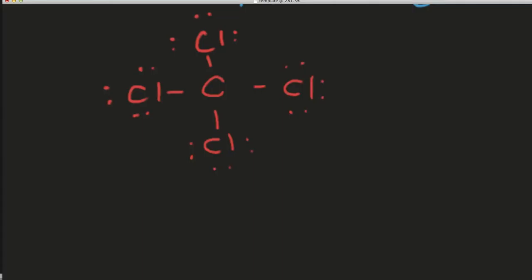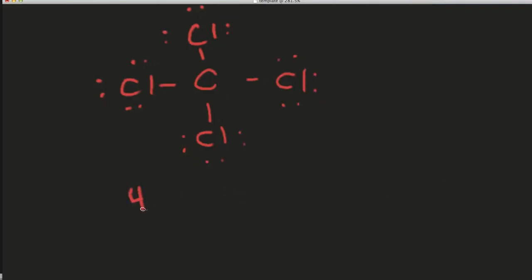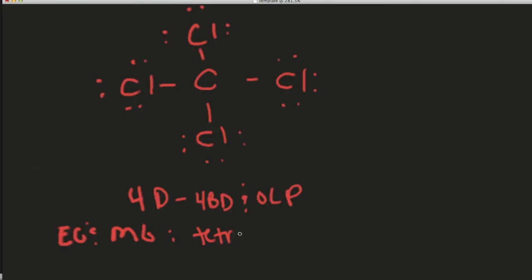If you were to do that, you would see 4 domains. They're all bonding domains. No lone pairs. So again, we would have Mg and Eg be the same thing. In this case, it would be tetrahedral. And our bond angle would be 109.5.